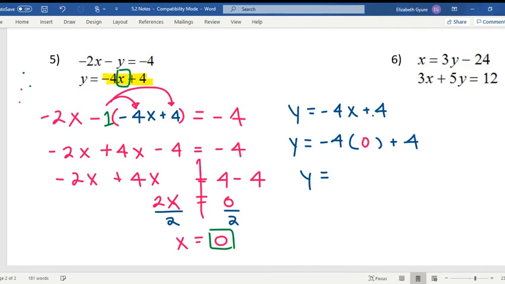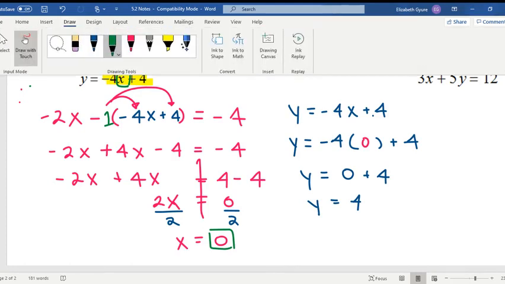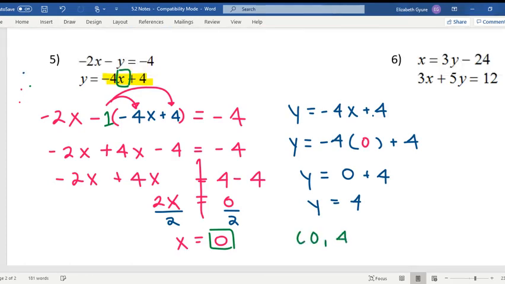What's negative 4 times 0? Anything times 0, Annalise, is 0. You're thinking like times 1. So that's 0 plus 4. And what's 0 plus 4? 4. And then how can I write my final answer as a coordinate point? 0, 4. Okay.